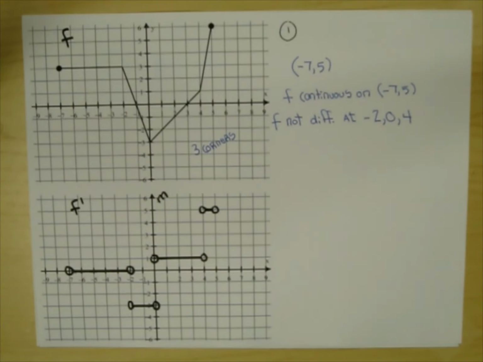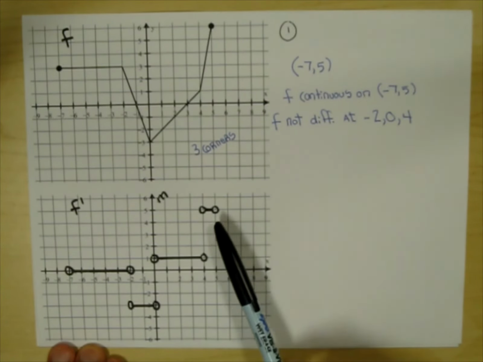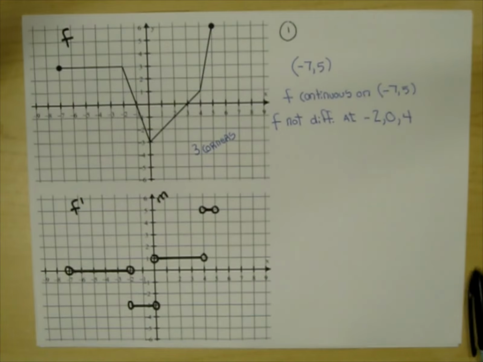Okay, so that completes problem number 1, and of the ones after this, these derivative graphs might not be nice straight line segments. So we're going to take a look at the next one. This is problem number 2.